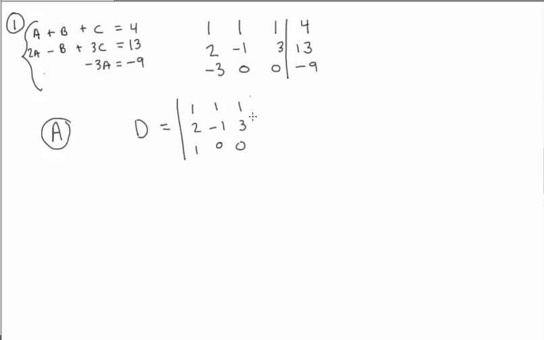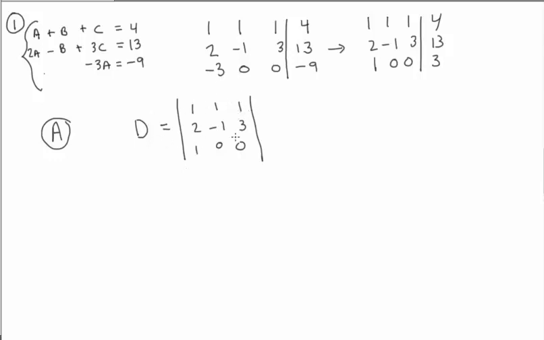Now why did I make that 1, 0, 0? Because it just makes sense here, just like in the other form, to divide everything by -3. Okay, so there we have it. So this will become our denominator.